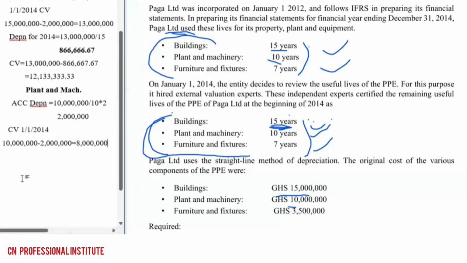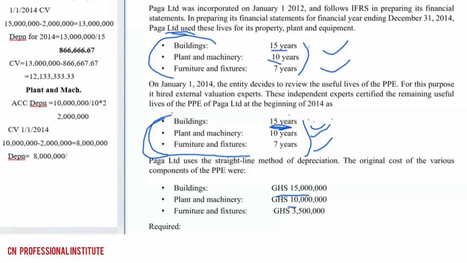Okay, so we have 8 million. Then let's charge depreciation for 2014. So depreciation for 2014 will be the carrying value, which is the 8 million, divided by the remaining useful life.